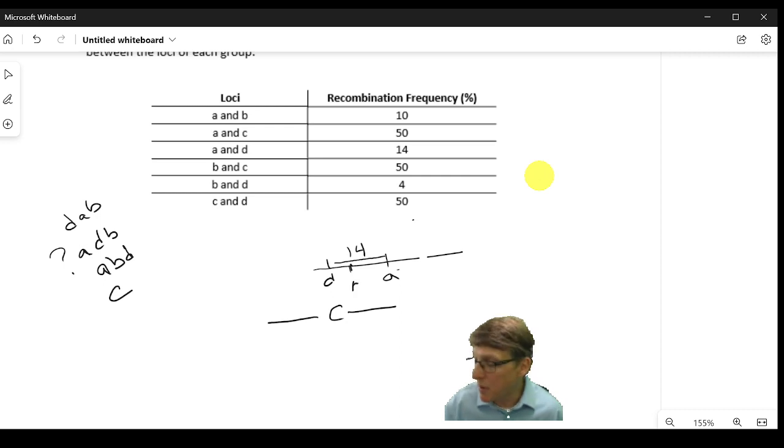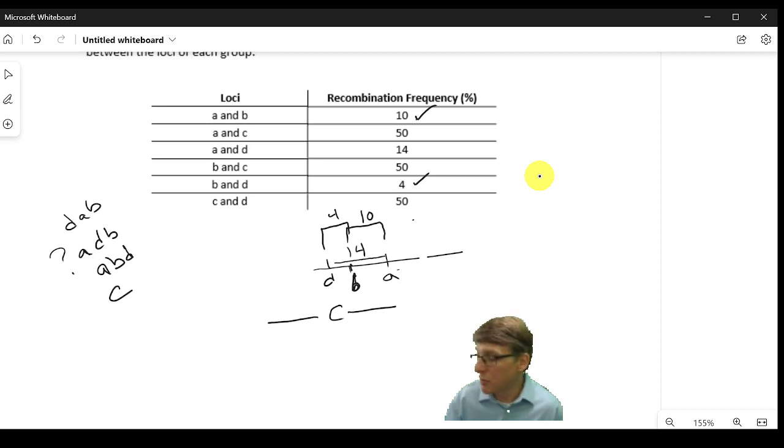If we put B in between, A to B is 10, which we see right here. Then D to B is 10 plus 4, which gives us 14, and that's what we get.